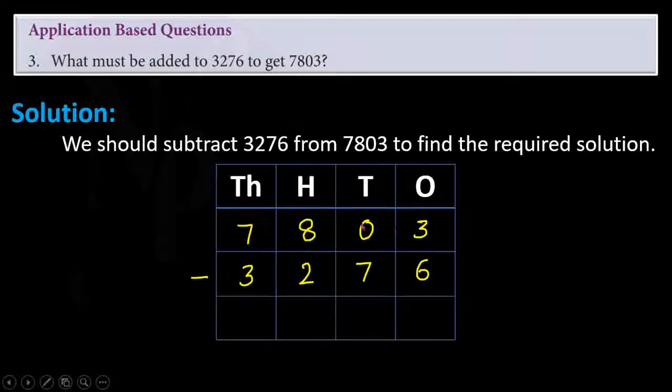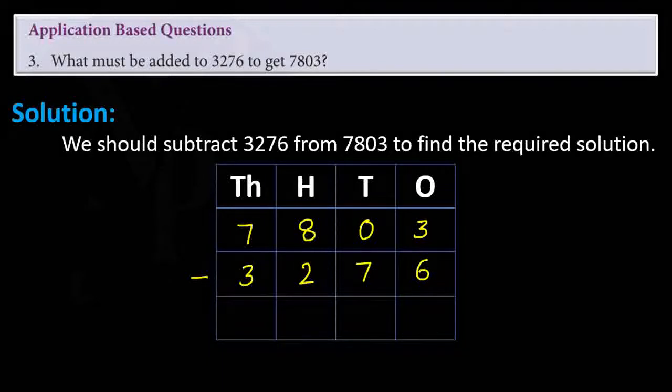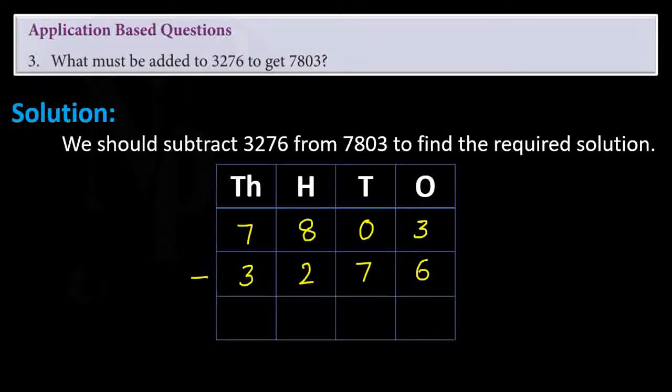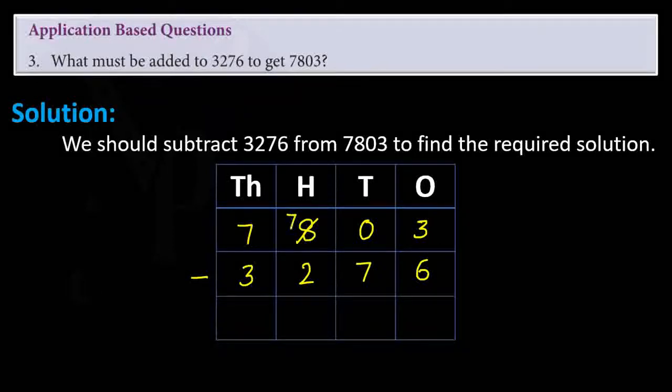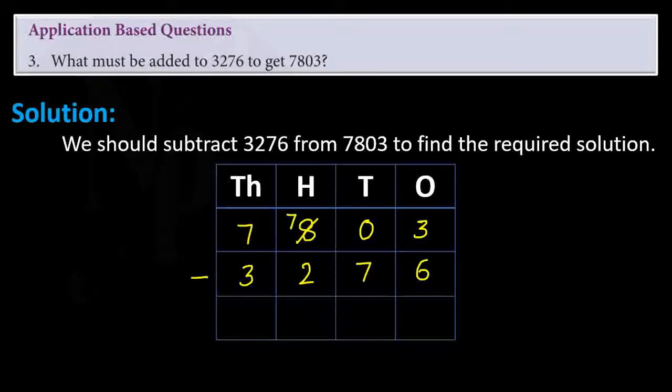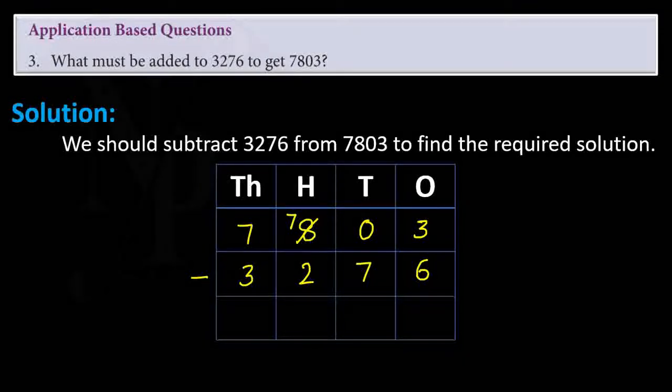So we will move to the next place, that is hundreds place. Here we have 8 hundreds and we will borrow 100 to the tens place. So when we borrow 100, this 800s becomes 700s. I will write 7 here, which represents 700s.